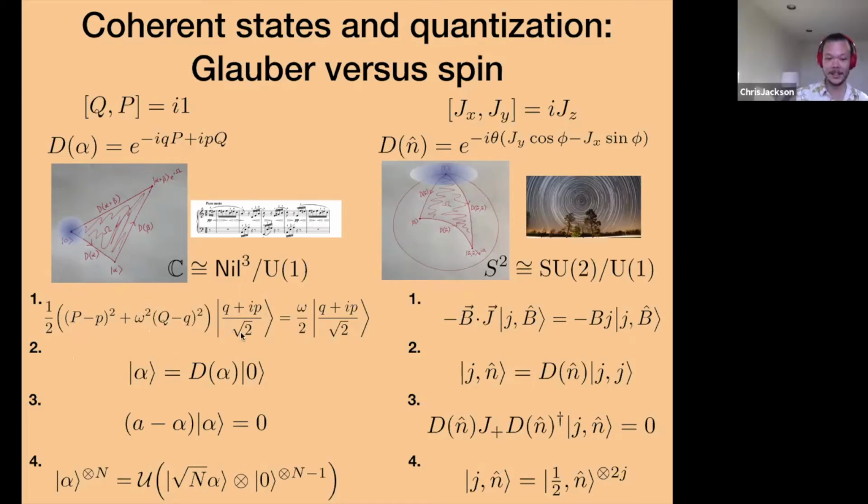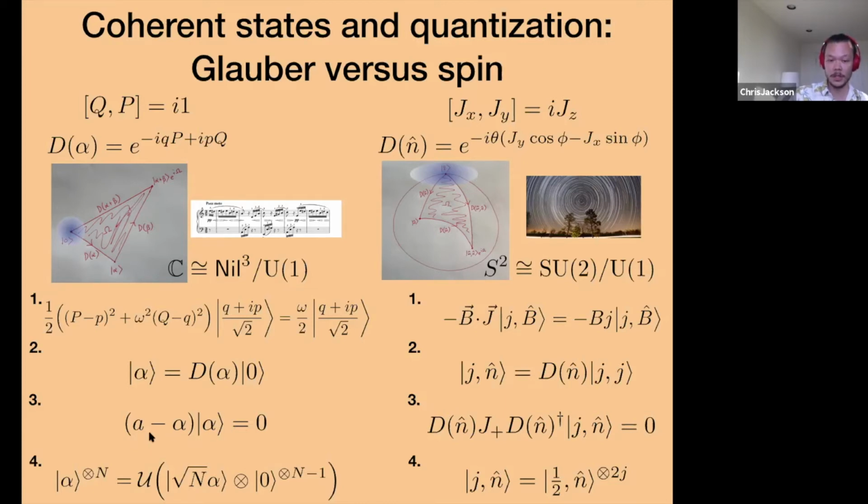Great. Okay. Yeah, so that in fact brings me to exactly this third item, which is you can think of them as being annihilated by the corresponding ladder operator. Just like you could think of this as A dagger A, and each of these as ground states of that A dagger A plus a half, you could just as well think of them as uniquely defined by being annihilated by the corresponding lowering operator.